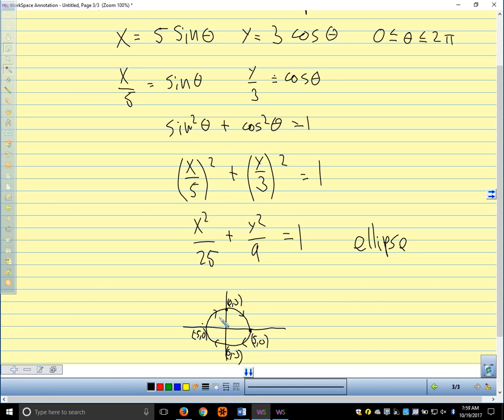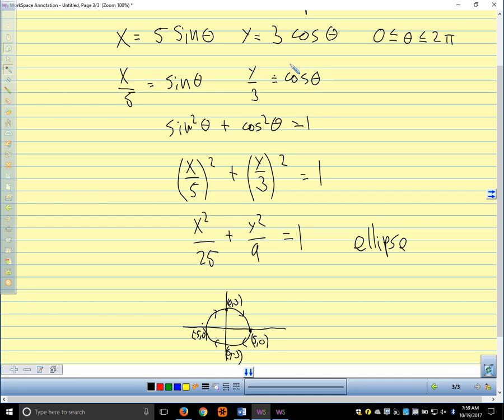If we wanted our orientation counterclockwise, what would we change around? If we wanted a parametric equation of an ellipse with counterclockwise orientation, flip sine and cosine.